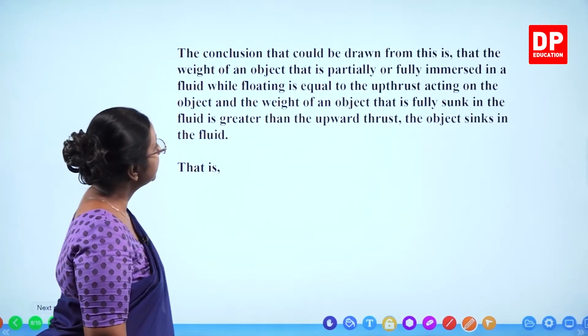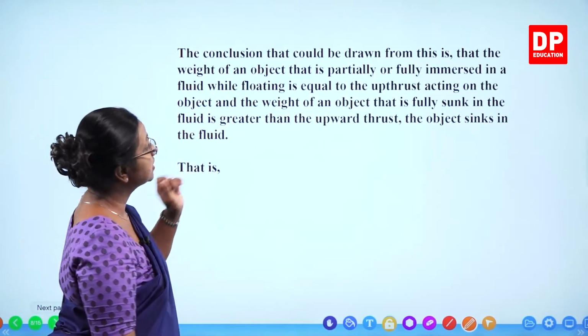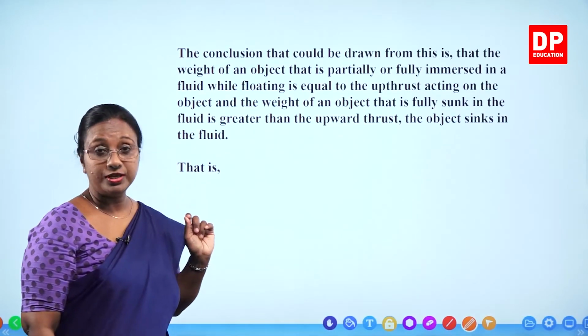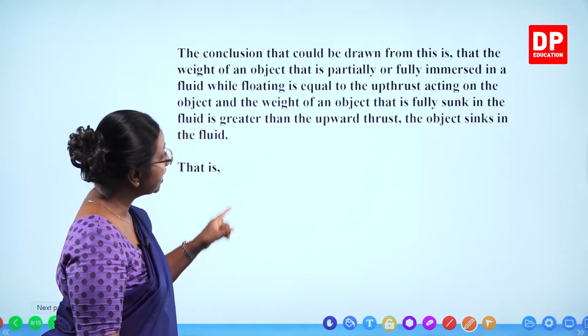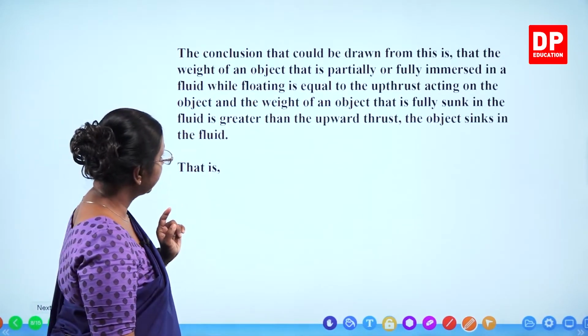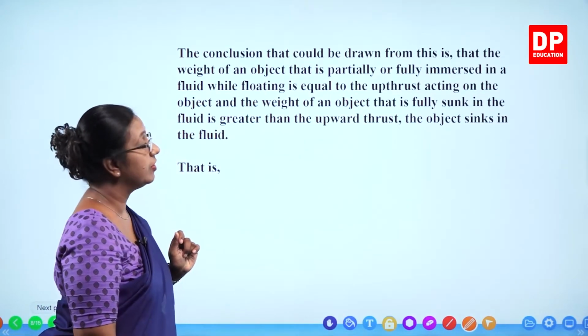So the conclusion that could be drawn from this is that the weight of an object that is partially or fully submerged in a fluid while floating is equal to the upthrust acting on the object, and the weight of an object that is fully sunk in the fluid is greater than the upthrust.